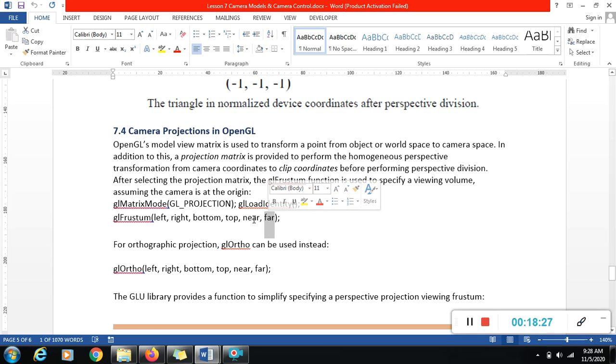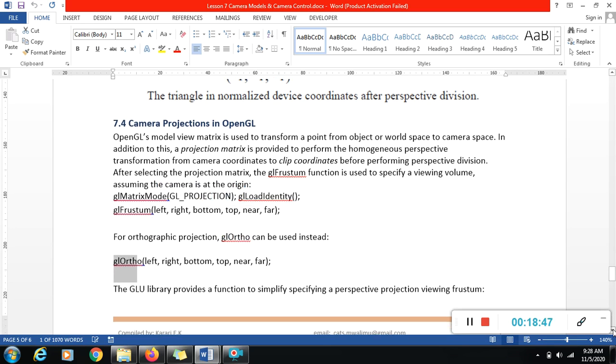These are used to create the perspective effect, near and far, so that you can see it in 3D form. For orthographic projections, we use glOrtho instead. So in other words, we replace glFrustum with glOrtho.